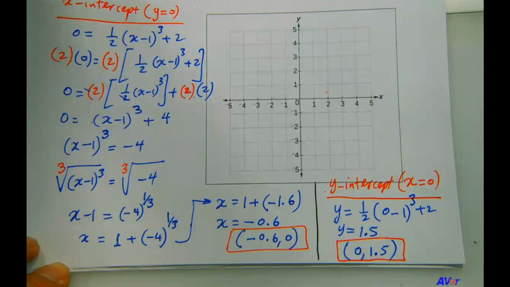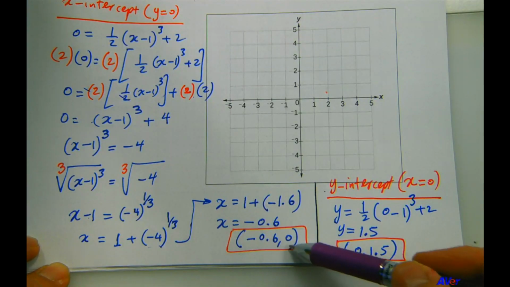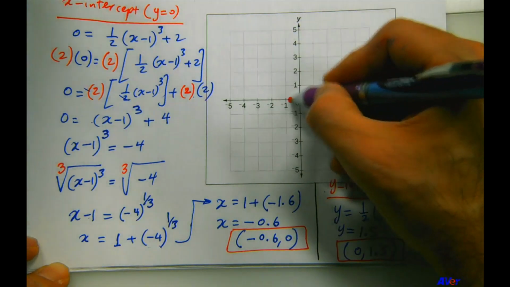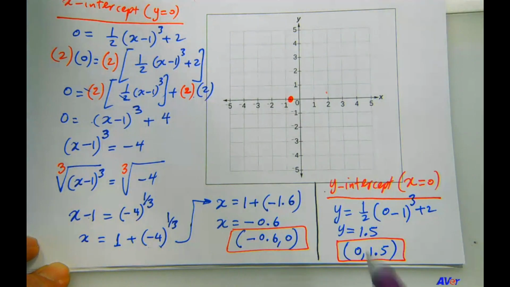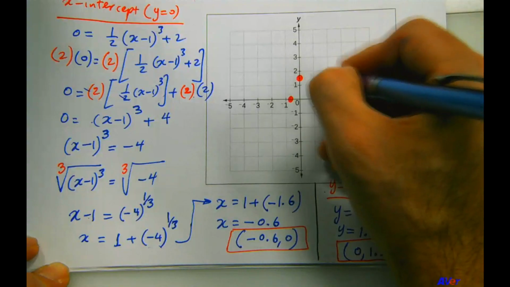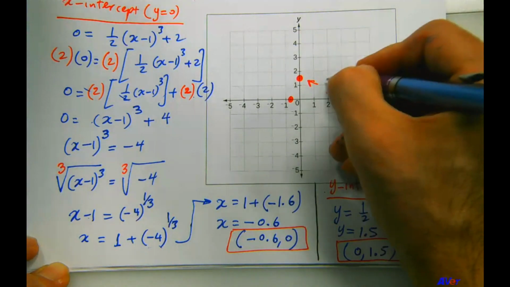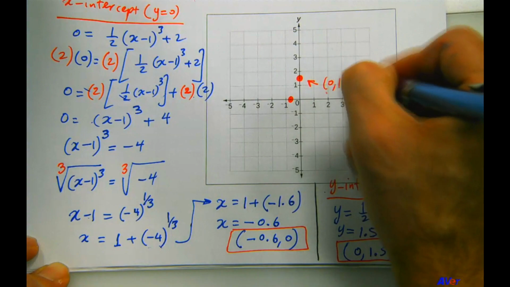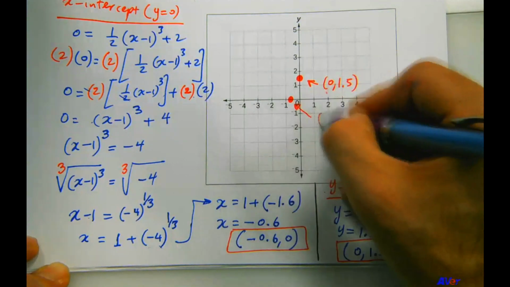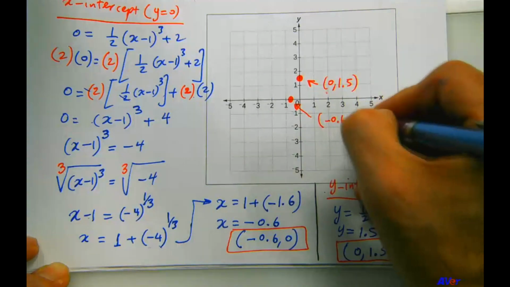So here we have the x-intercept and the y-intercept. Let's plot them. Minus 0.6 comma 0 would be somewhere here, and 0 comma 1.5 would be somewhere here. So that one is 0 comma 1.5, and that one is minus 0.6 comma 0.